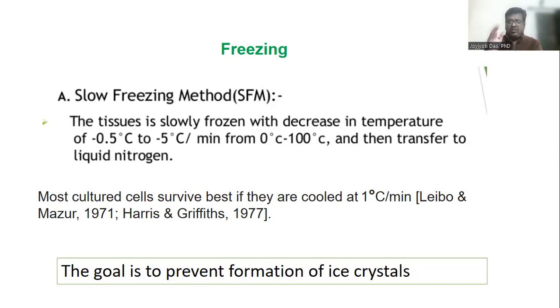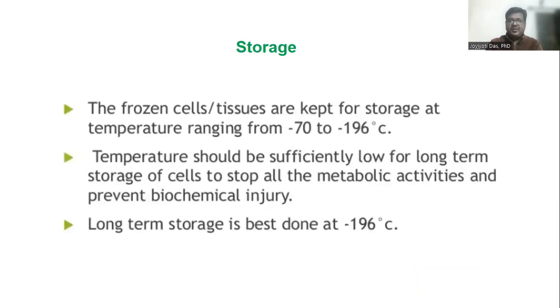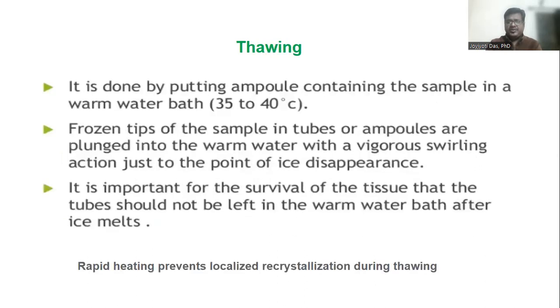So the goal in cryopreservation is to prevent the formation of ice crystals as you take your cells to the ultra low temperature of minus 196 degrees Celsius, so as to minimize cell loss due to the freezing procedure. Storage we have already discussed: the transition should be gradual from 0 degrees to minus 100 degrees, and then you should transfer it to minus 196 degrees Celsius.